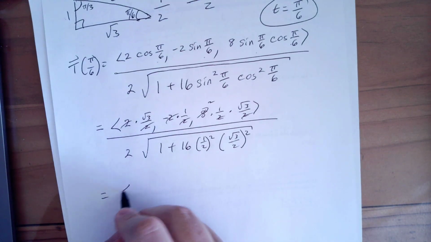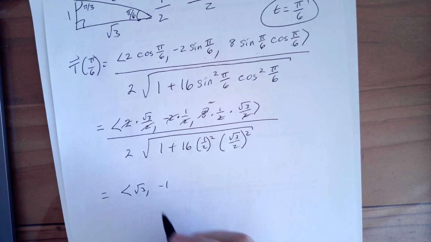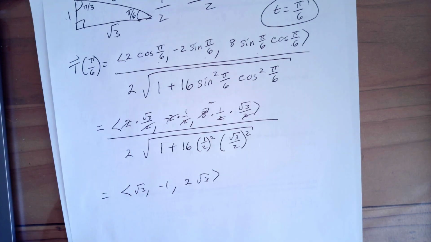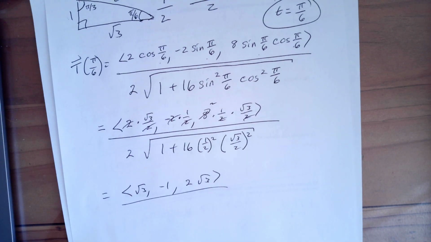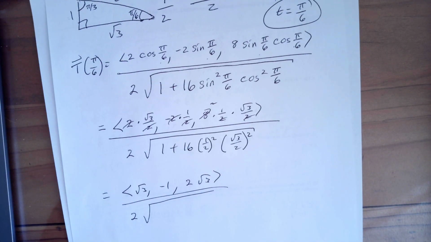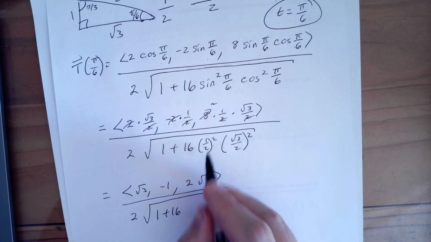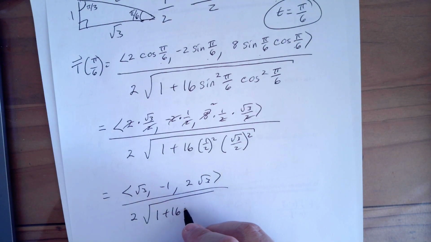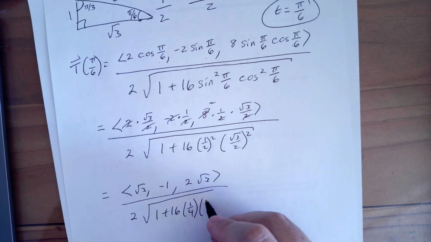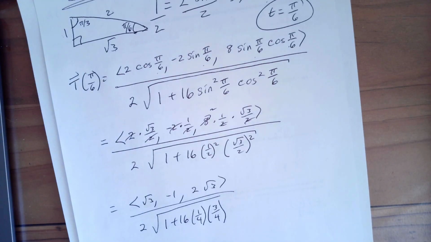So let's see, on the top we're going to get square root of 3, negative 1, and this will be 2 square root of 3, divided by 2 square root 1 plus 16. This will be a quarter. This will be 3 over 4.